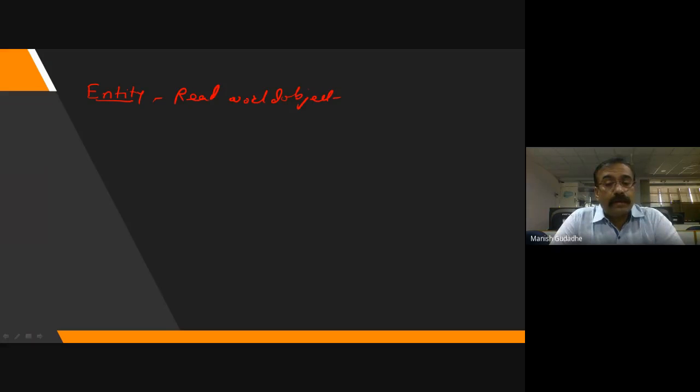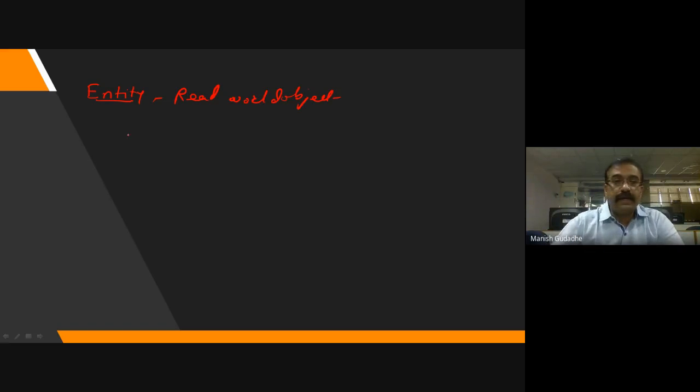But to be very specific about the database entity, we will redefine it as a real world object which can be differentiated from a similar kind of object based on its properties. I'll repeat again. An entity is a real world object which can be differentiated or distinguished from a similar kind of object by using its properties.